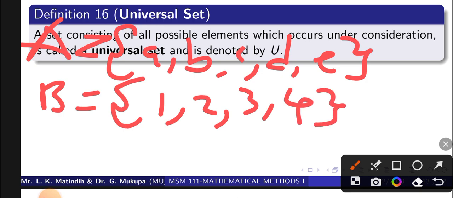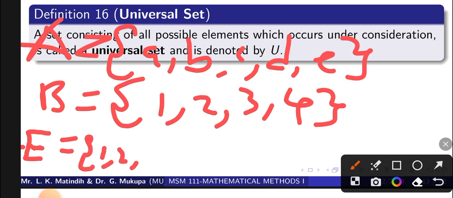So the universal set will be a combination of these two, usually denoted by E or U. 1, 2, 3, 4, 5, oh, we don't have 5.